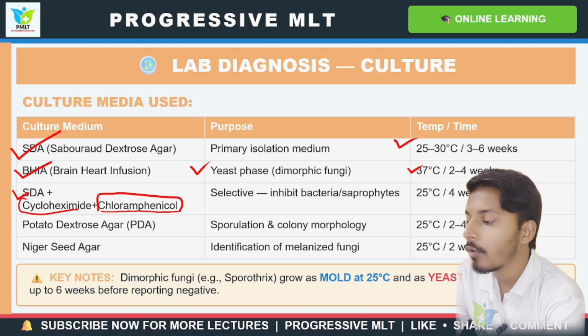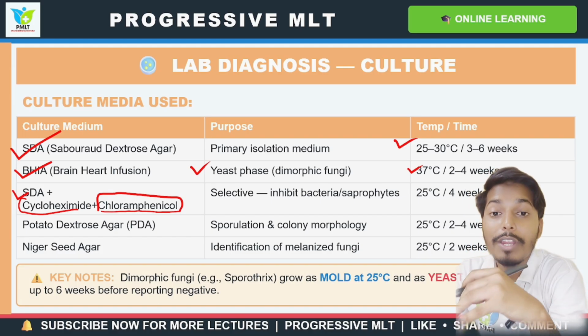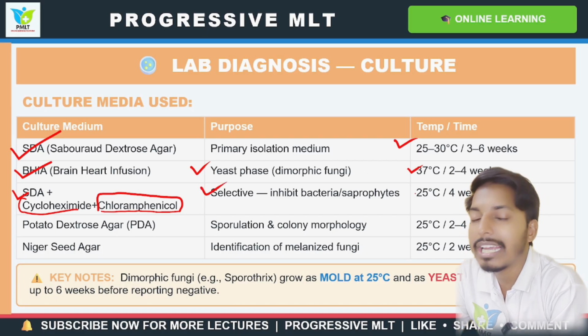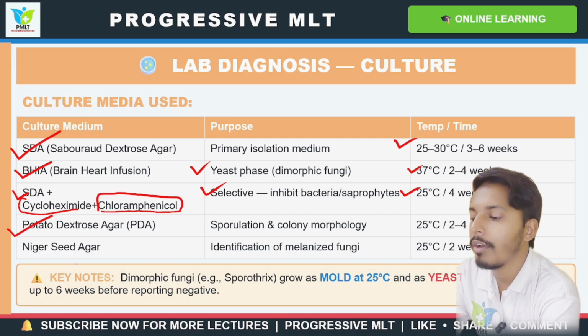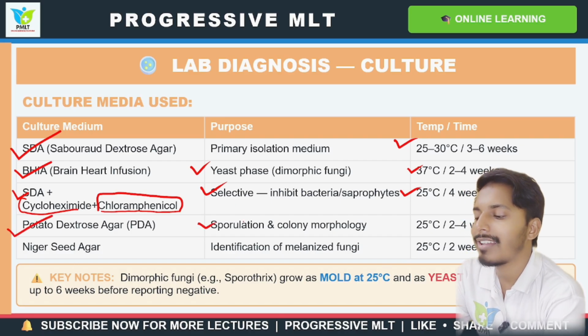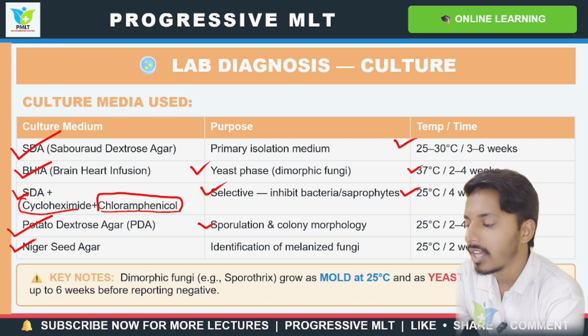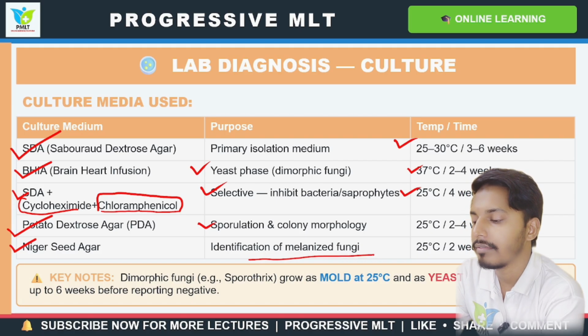Please keep in mind that chloramphenicol inhibits the bacteria and cycloheximide inhibits the fungus. That is the selective medium, at 25 degrees centigrade. After that, potato dextrose agar, which is not widely used in medical mycology, but it shows sporulation and colony morphology. Next is niger seed agar for the melanized fungi.